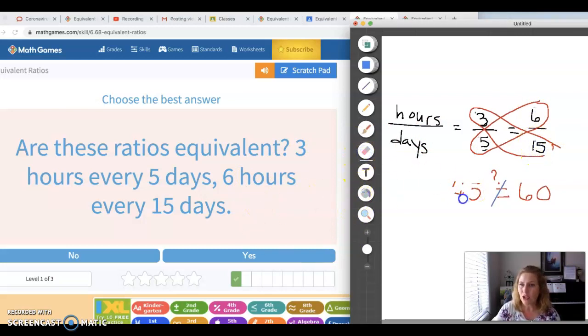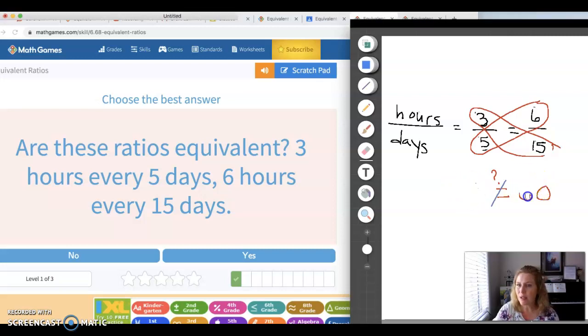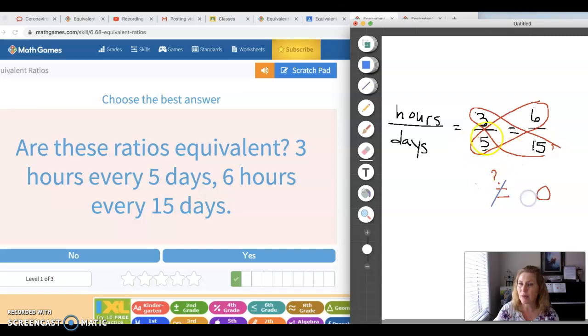So here's the question now. Is 3 times 15 the same as 6 times 5? I didn't even need to erase those, because 6 times 5 is 30 and 3 times 15 is 45. So again, those are not equivalent.